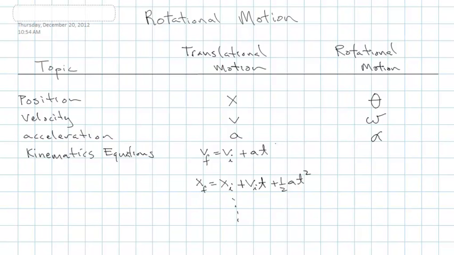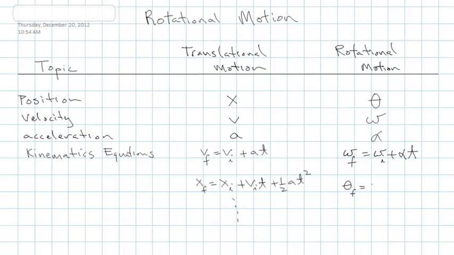And when alpha is constant, we can come up with kinematics equations for rotational motion. And because we're going to derive them the exact same way we did for translational motion, they're going to have the exact same form. Only every place you see an x, there'll be a theta. Every place you see a v, there'll be an omega, and the a's become alphas. So we'll have something that looks like omega final is equal to omega initial plus alpha t.